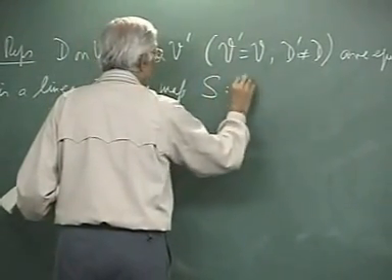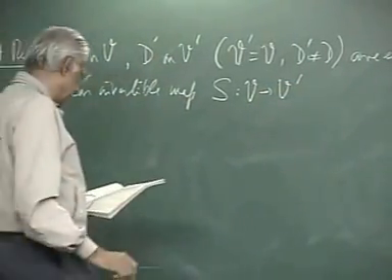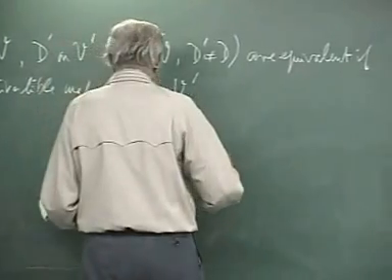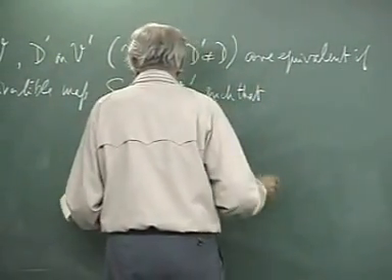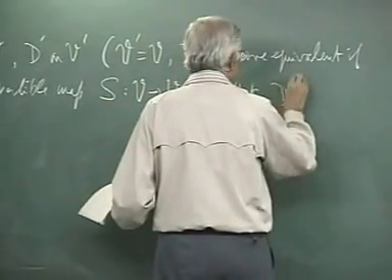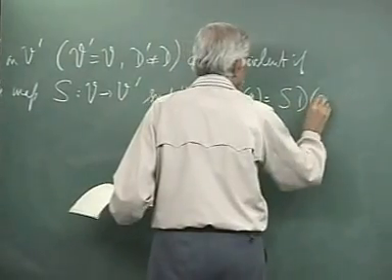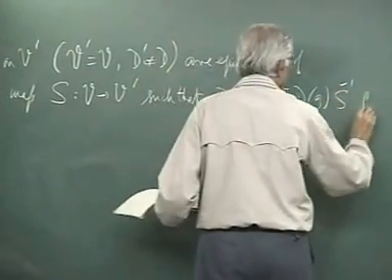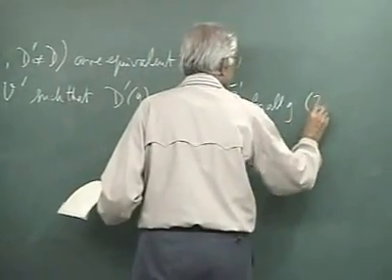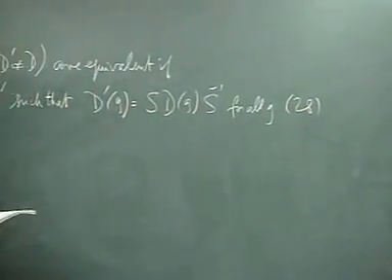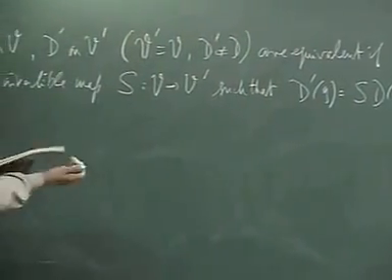capital S which goes in this direction, let us say from V to V prime, such that the following equation holds: D prime of g is equal to S D of g S inverse for all group elements. You must check the sequence of factors on the right hand side.